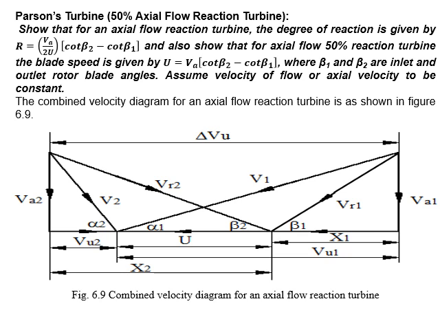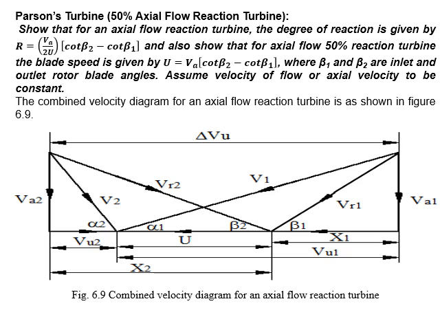here V1 represents the absolute velocity at inlet and the corresponding angle of the fixed blade is alpha 1, and the relative velocity of the blade at inlet is VR1 and the corresponding angle is beta 1. Similarly, the relative velocity at outlet is VR2 and the corresponding angle is beta 2, and the absolute velocity of fluid at outlet is V2 and the corresponding angle is alpha 2.